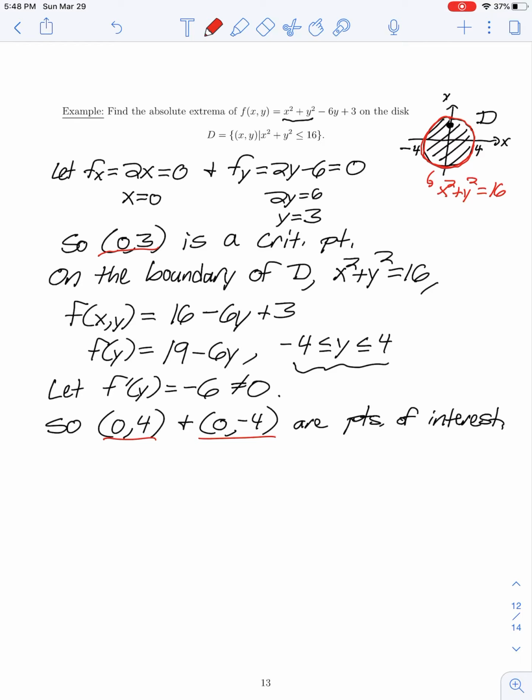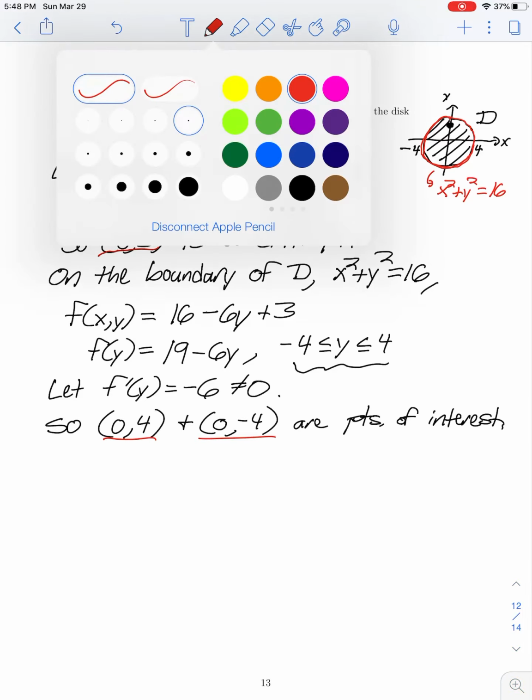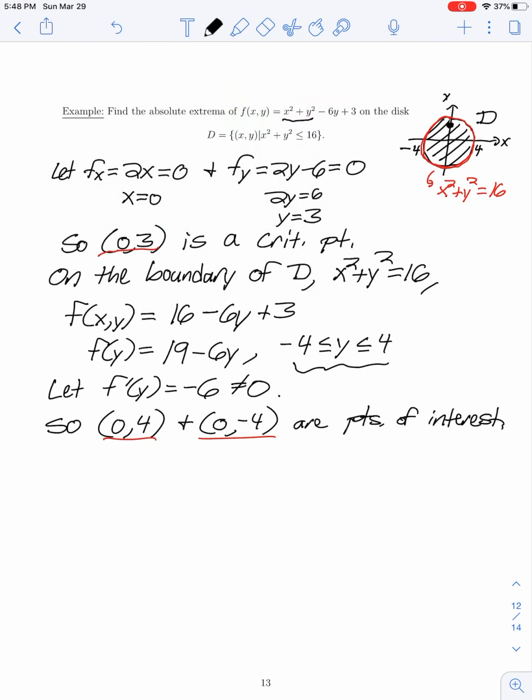So once we have found all of our critical points, or points of interest, in this case we have 3, the points (0, 3), (0, 4), and (0, -4), we need to evaluate our function at those points and see what our largest and smallest values are. So in this example, we have f of (0, 3) would be equal to 9 minus 6 times 3 plus 3.